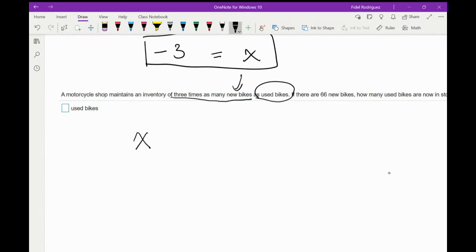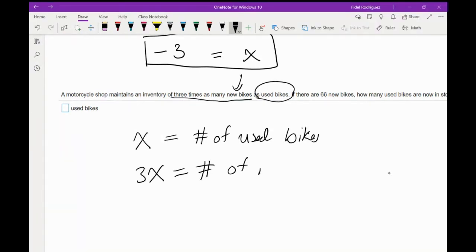So I'm going to let X be the number of used bikes, right? And then 3X would be the number of new bikes, because we have 3 times as many new as we do used.